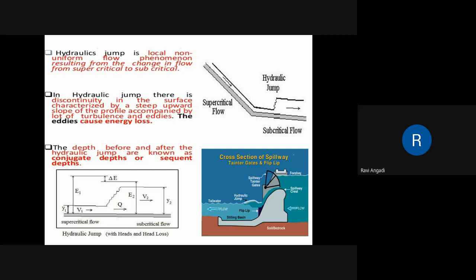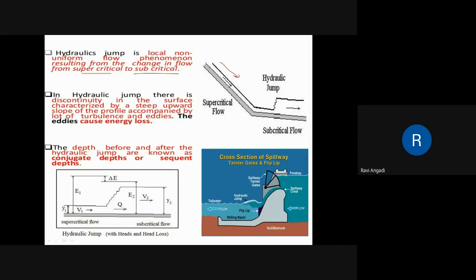Again, a hydraulic jump is a local non-uniform flow phenomenon resulting from a change in the flow from supercritical to subcritical. You can get it on a steeper slope also.